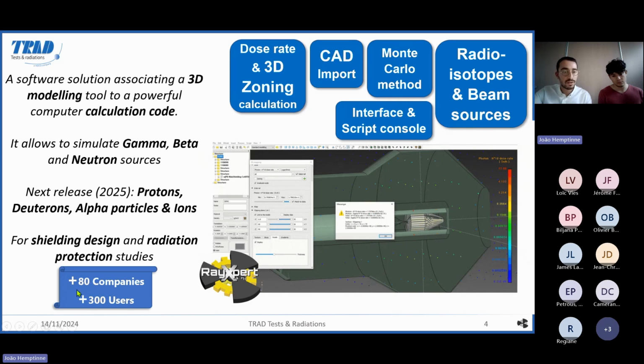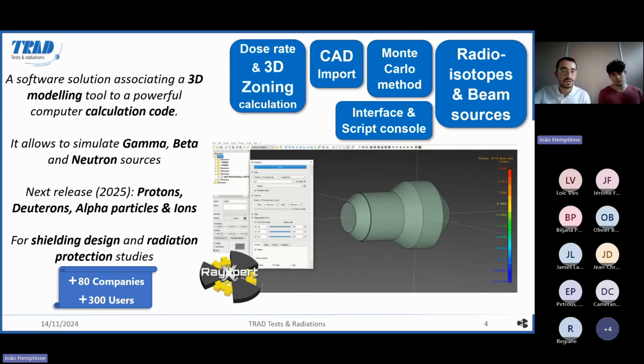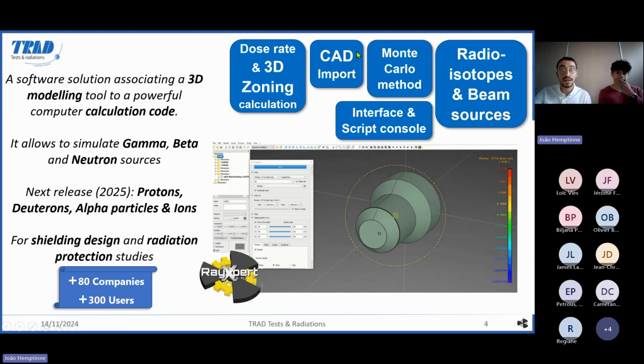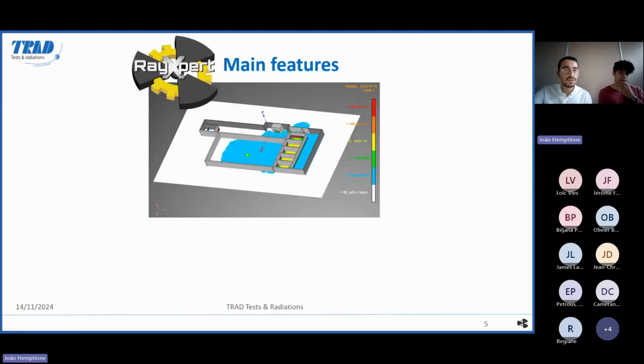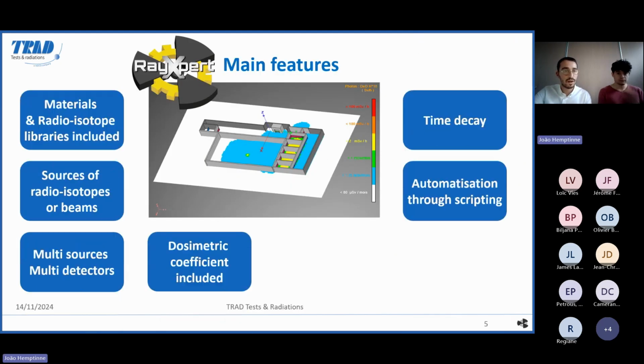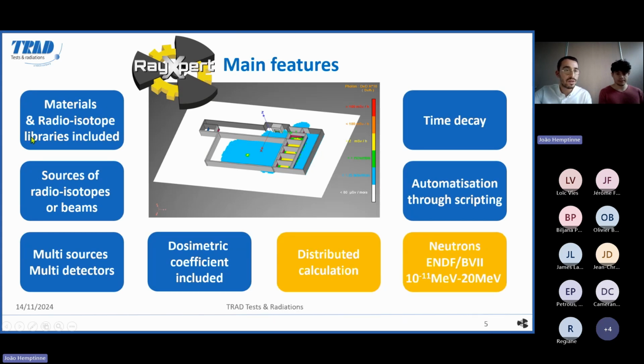Today, we have more than 80 companies and 300 users around the world. A huge functionality and interest of RayXpert is that you can import a CAD model that has been designed in another software. If we go deeper into the main features of the software, you have libraries of materials and radio materials included directly in the software. So you can design your sources of radioisotopes and beams.